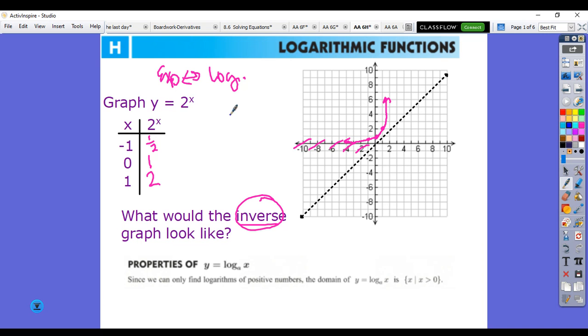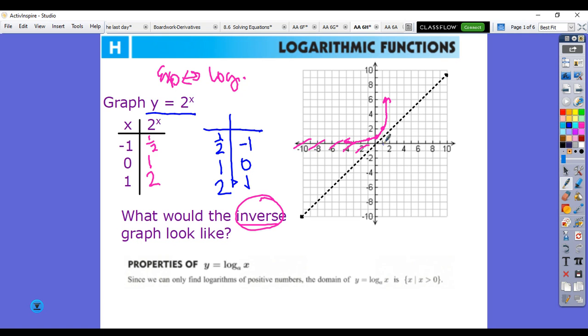Let's consider, whenever I talk about inverse graphs, the x's and y's switch from the original. So this becomes 1/2, this becomes -1, this becomes 1, this becomes 0. All of the x's turn into the y's, and all the y's turn into the x's.